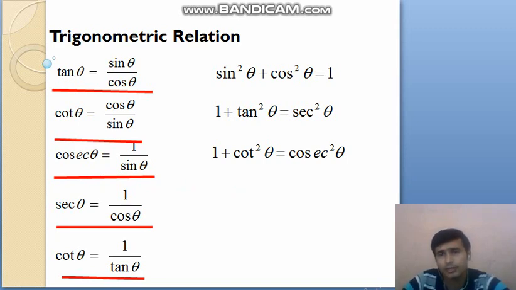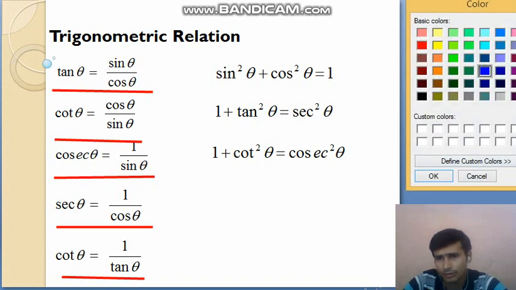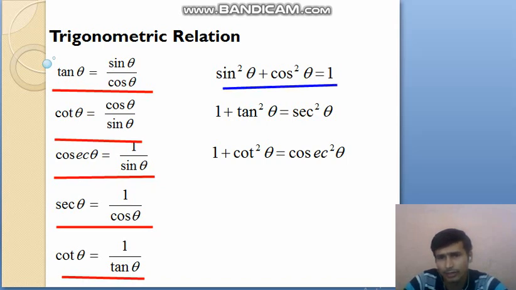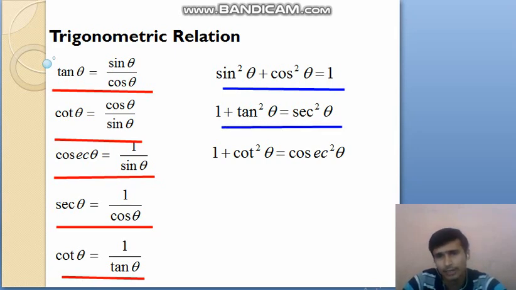Another most important thing is sin square theta plus cos square theta is equal to 1. 1 plus tan square theta is equal to sec square theta, and 1 plus cot square theta is equal to cosec square theta. So you must remember these relations between all the trigonometric functions.